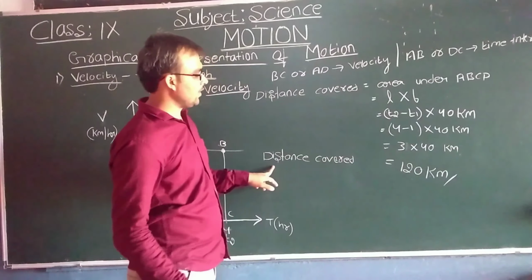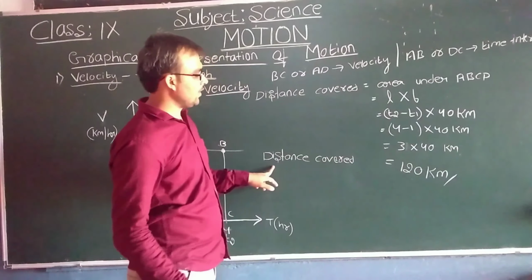The distance covered by the object within the time interval of 1 hour to 4 hours is 120 kilometer. We need not write hour here, because if you write hour, it becomes 120 kilometer per hour.